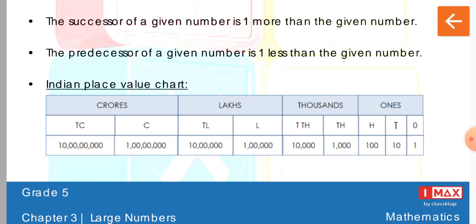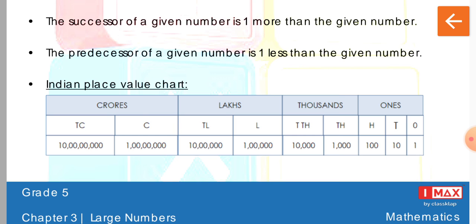That means from the right side, after the ones period, you can put a comma. After the thousands period, you can put a comma. And after the lakhs period, you can put a comma. This way, you have to put commas in the Indian place value system. Is it clear, children? Okay.